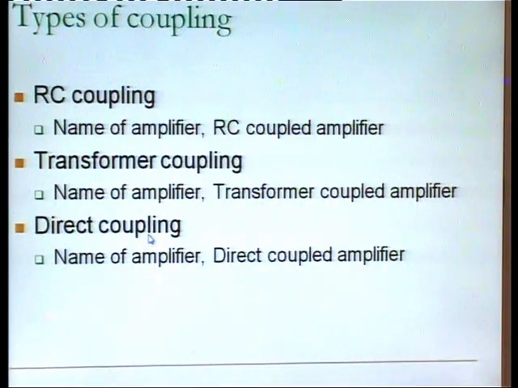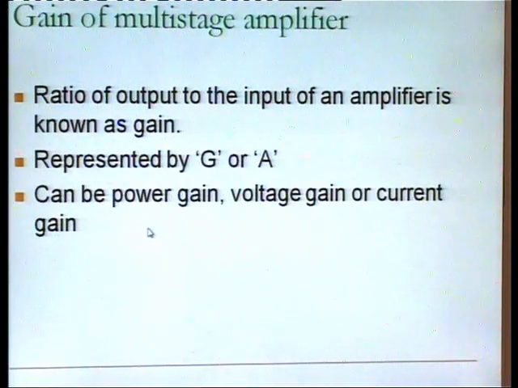Now some basic definitions regarding the multi-stage amplifier we will discuss today. Starting with the gain of a multi-stage amplifier, we all know that gain is the ratio of output to input. For any parameter, any circuit, gain is output to input. For a multi-stage amplifier, it is the ratio of output to input of the multi-stage amplifier: the input is that of the first stage and the output is at the last stage of the amplifier.